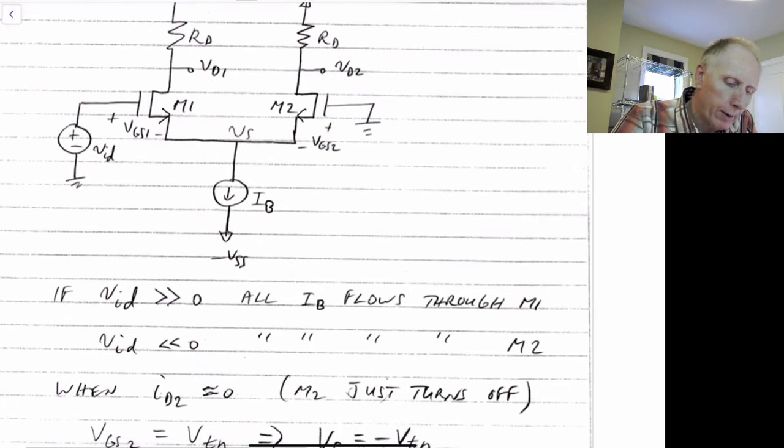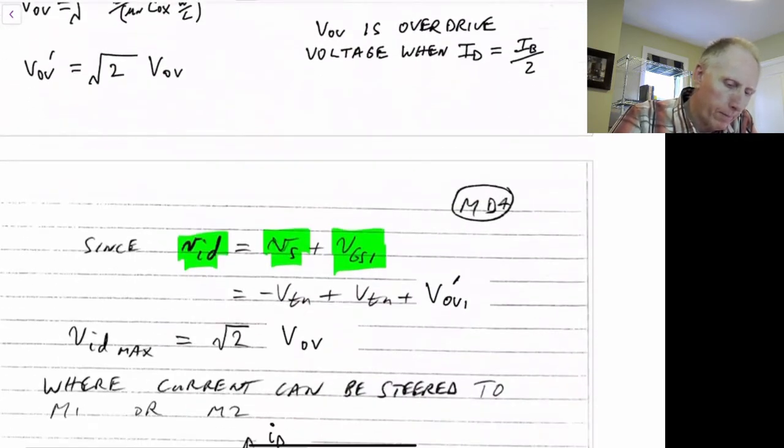So we have that VS, we just said, was equal to minus VTN in the case where M2 is just turning off. And we just found what VGS1 was, given by this equation.